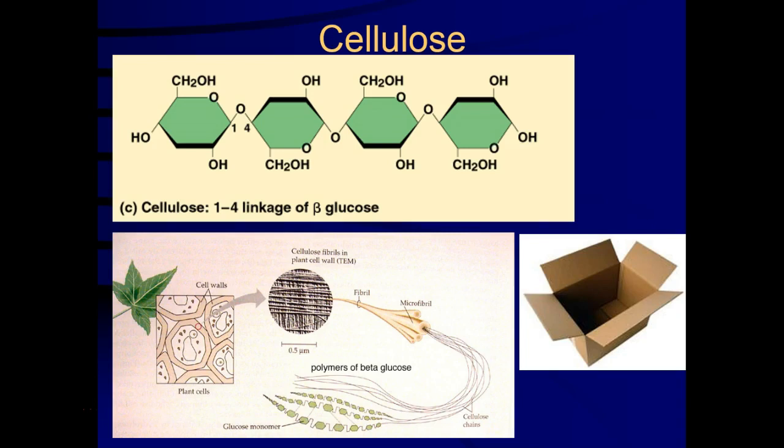You'll also notice something a little bit odd. In the graphic you'll see that the first beta-glucose is right side up. The second one is upside down. It flipped 180 degrees. And then the next one is right side up. And the next one is upside down. And the next one is right side up. You have alternating bonds.